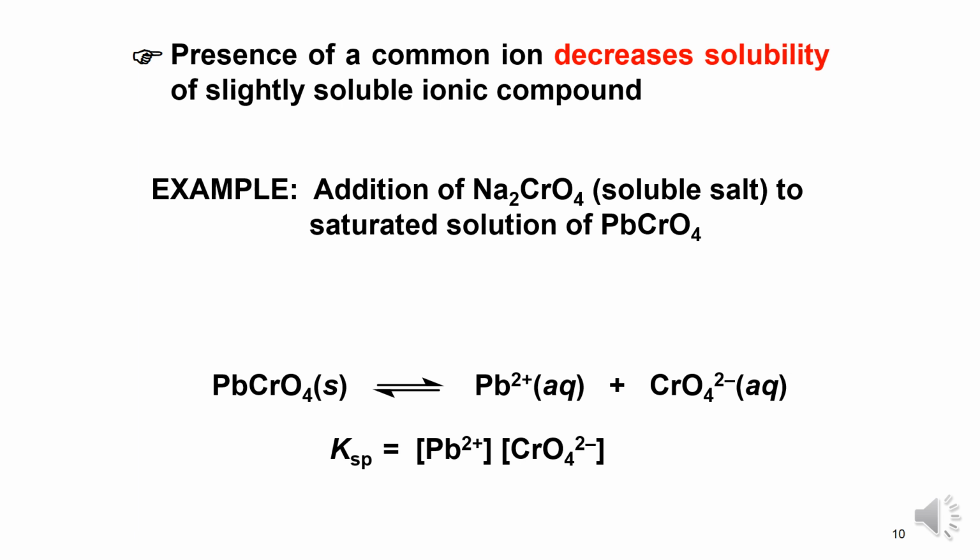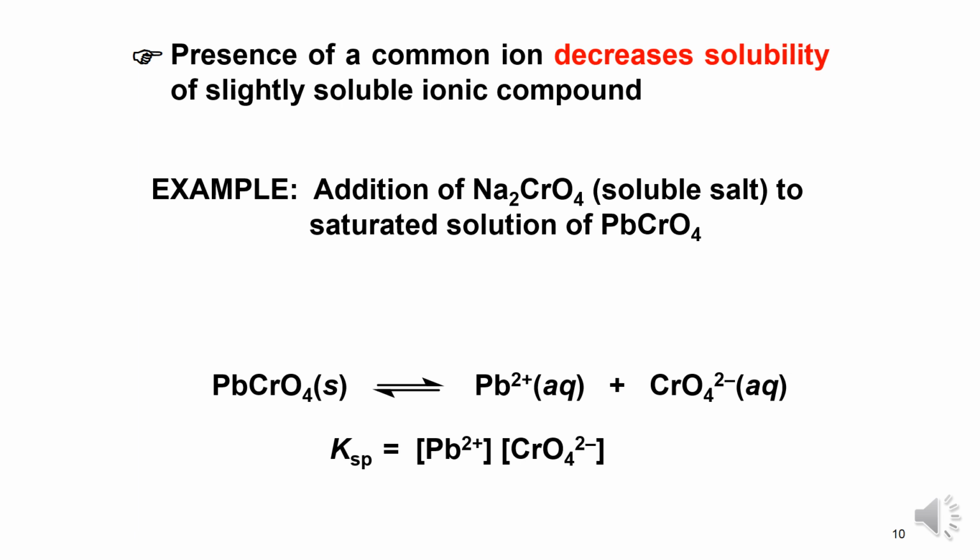The next example: addition of Na2CrO4 solid, which is a soluble salt, to a saturated solution of PbCrO4. The first step, we write the equilibrium equation for the slightly soluble salt PbCrO4.